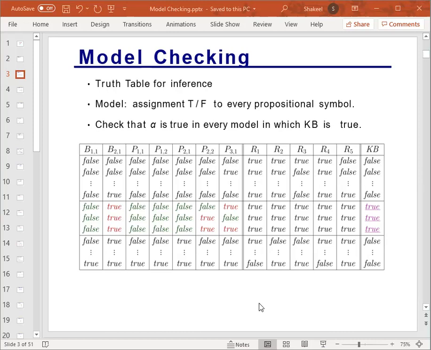In a similar way, we could check whether P12 is true or P21 is true.